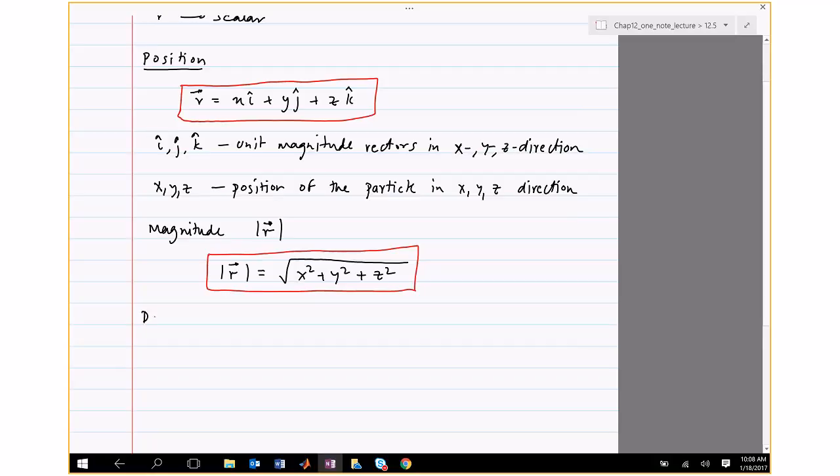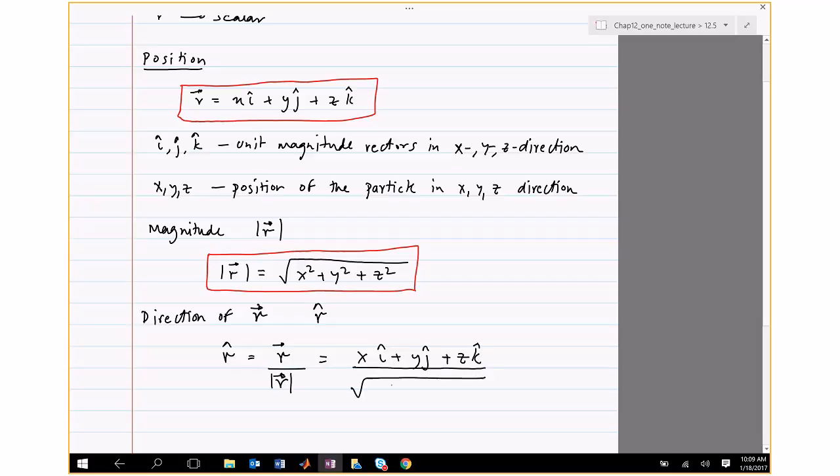The other thing is the direction of R, and that would be R hat, just like the unit vector I, J, K. R hat denotes a unit vector along R, and it's simply the vector R divided by the magnitude of R. So R hat is xi plus yj plus zk divided by the square root of x square plus y square plus z square.